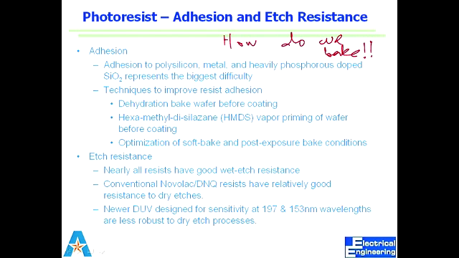Okay, there are a few ways we bake wafers. One is using a hot plate. A hot plate is a small instrument with a plate, and you can adjust the temperature on a dial or a digital display, in centigrade or Fahrenheit. That plate is hot, and you can place the wafer there.